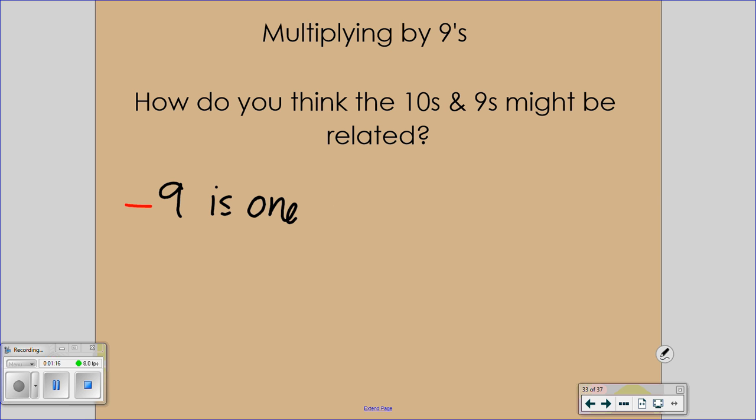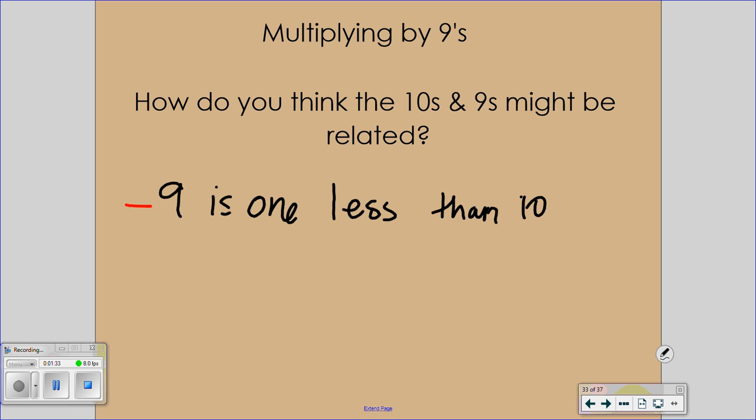Okay, so 9 is 1 less than 10, and 10 is 1 more than 9. Good. That's definitely how they could be related.